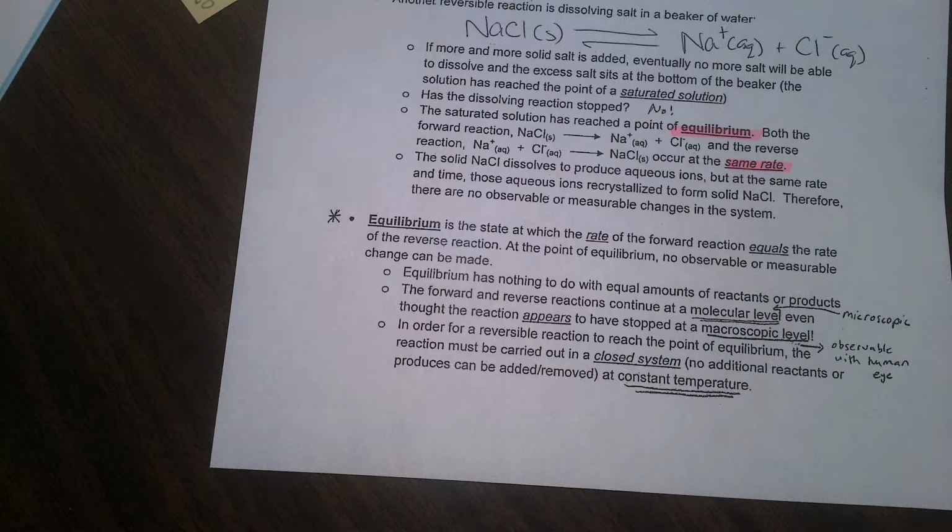Okay? It does not mean that there's one sodium ion for every chloride ion. It doesn't matter whether it's the reactants or the products, it's happening at a molecular level. When we look at it, can we see the salt breaking apart? We can't see it.